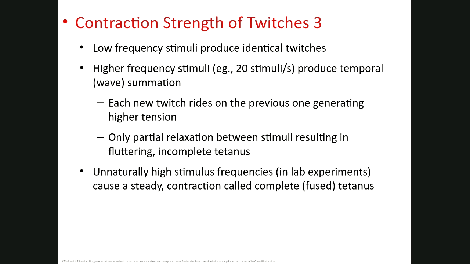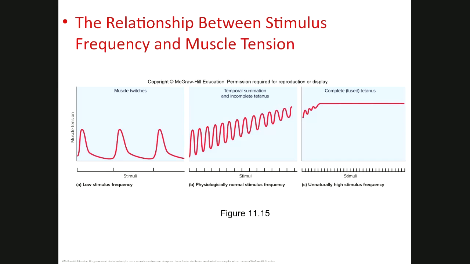So in this picture, this is our usual low stimulus frequency. But if we have a continuous stimulus, the first stimulus goes up, and before it dies down, like this would happen here, another stimulus is initiated, so we get to begin at a little bit higher place than when we started.